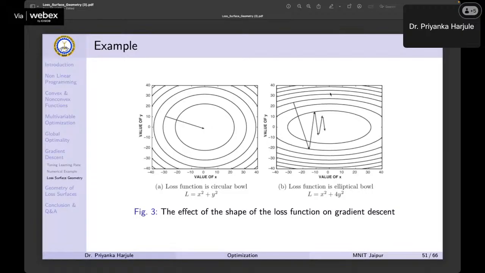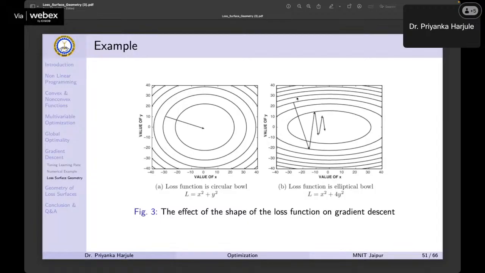But this is not the case here. The gradients are more significant in the y direction as compared to the x direction, so the gradient never points to the optimum solution directly, unlike this loss function. As a result, many course corrections are required.